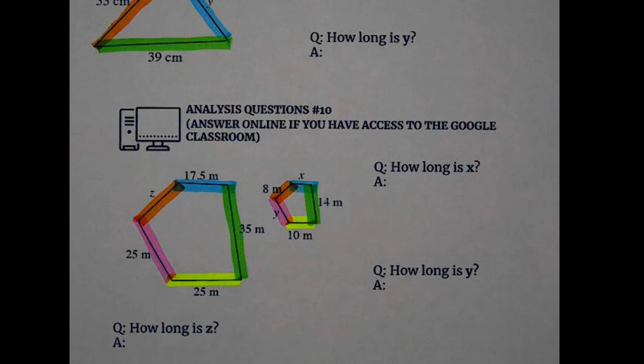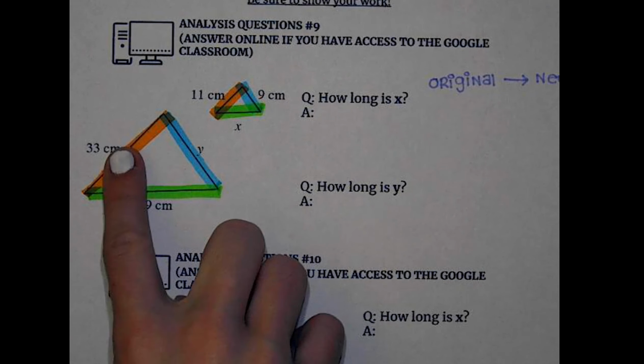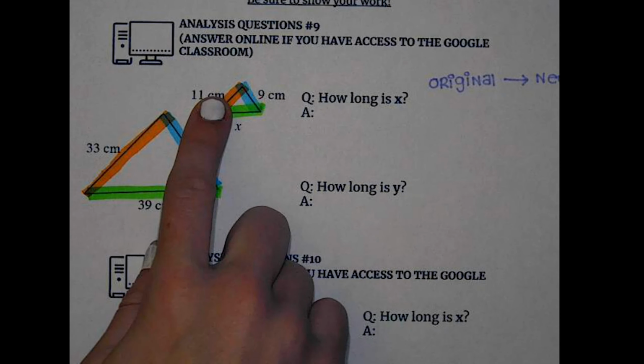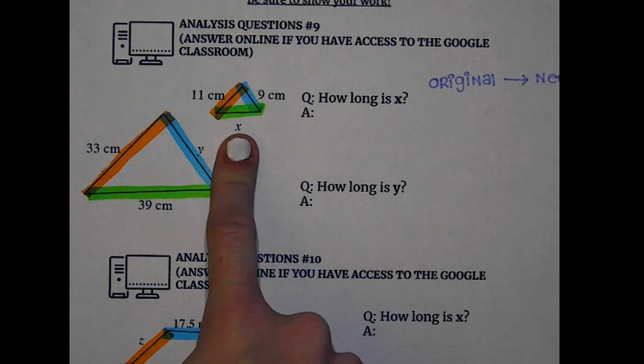Okay, so it's important that you remember you're going from the original shape to the new shape, finding out what the scale factor is. And once you do that, for example, if you found the scale factor to go from 33 to 11, you would just look at this number and multiply it by the scale factor, and you'd have x.